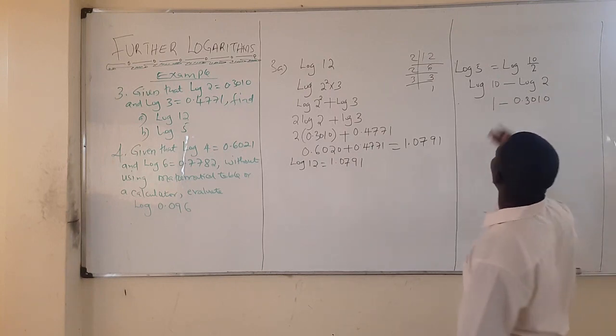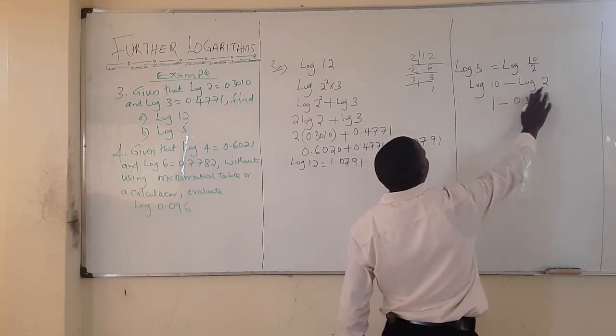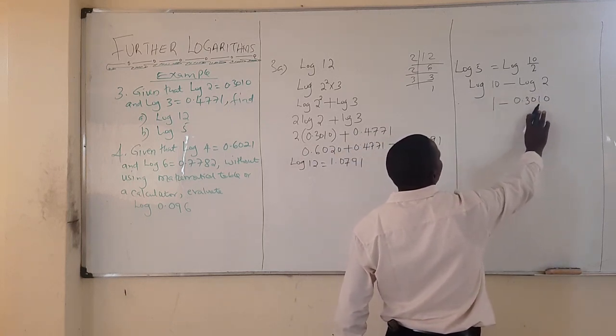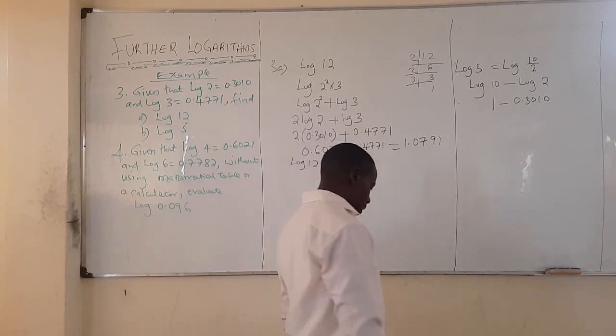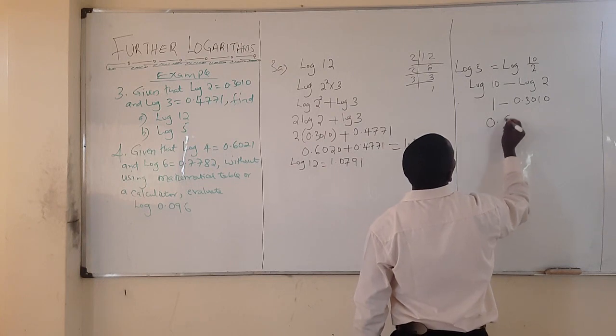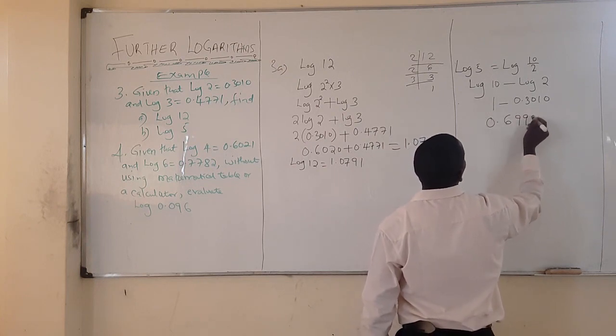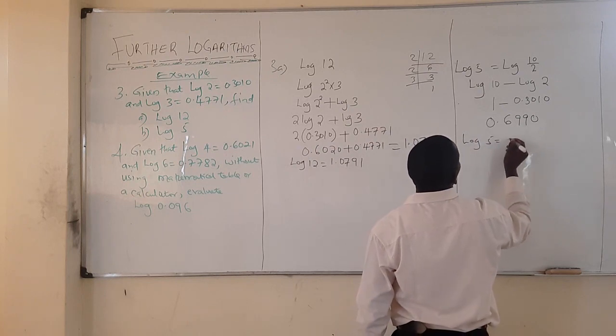So the log of 5 will be the log of 10 minus the log of 2, that is 1 minus 0.3010. And when you subtract that, you're going to get 0.6990.